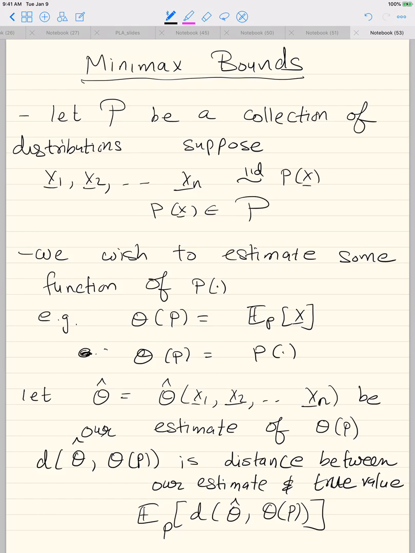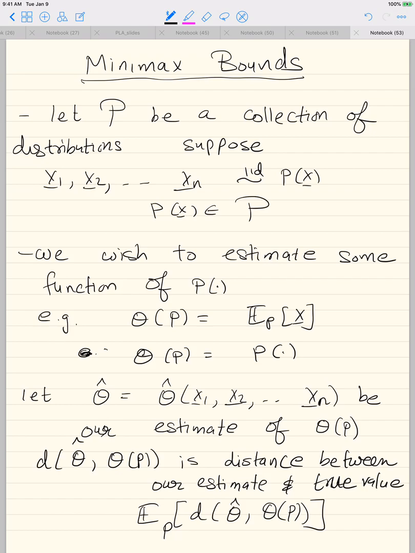We create an estimator theta hat. So theta hat is random. And then we take the expectation with respect to the distribution P when we compute this. So theta hat is a function of x1 to xn, theta of P is some fixed value. We look at the distance between these two. This could be, for example, the squared error. We'll do an example in a minute. Then we take the average expectation with respect to x1 to xn, assuming they are sampled from the same distribution P. This is what this quantity is.